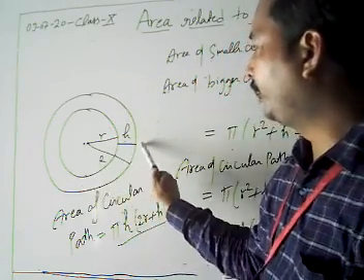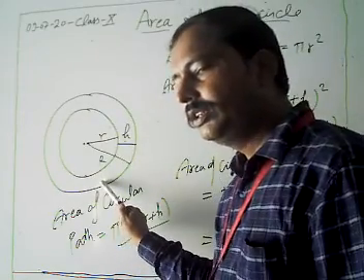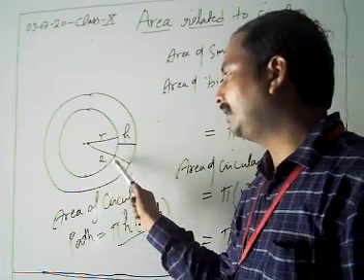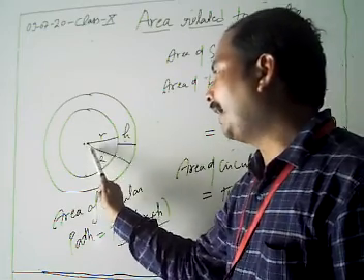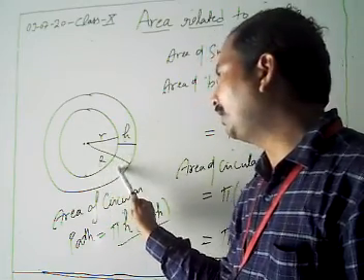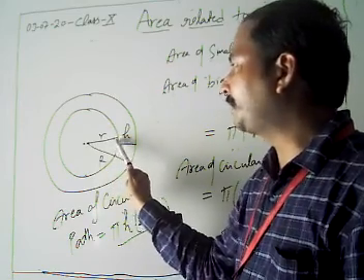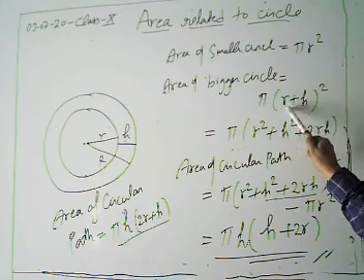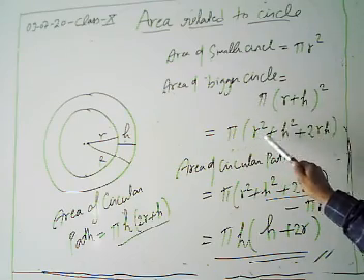First, we find the area of the bigger circle. For that we need its radius. Capital R is the length of the small radius plus the width h. So the area of the bigger circle is pi (r plus h) whole square. We expand and solve it.